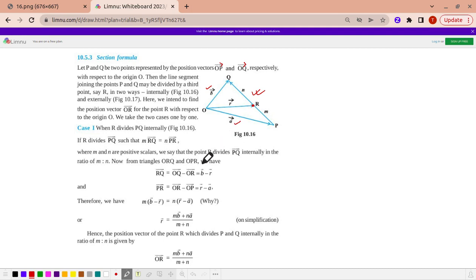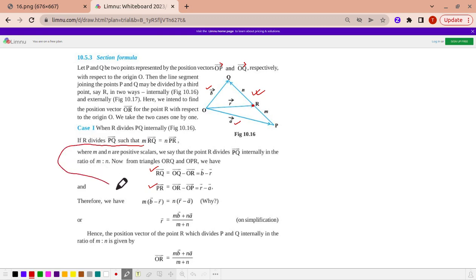Now, if we look into the triangles ORQ and OPR, it is quite clear that RQ is equal to OQ minus OR, that is B minus R, and PR is equal to OR minus OP, that is R minus A. And we have just learned that m into RQ is equal to n into PR.